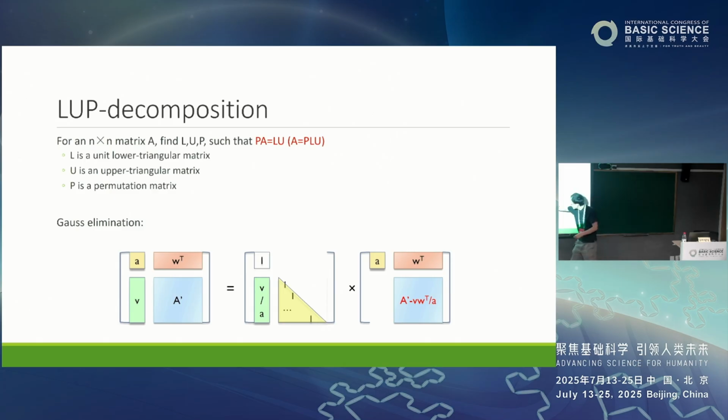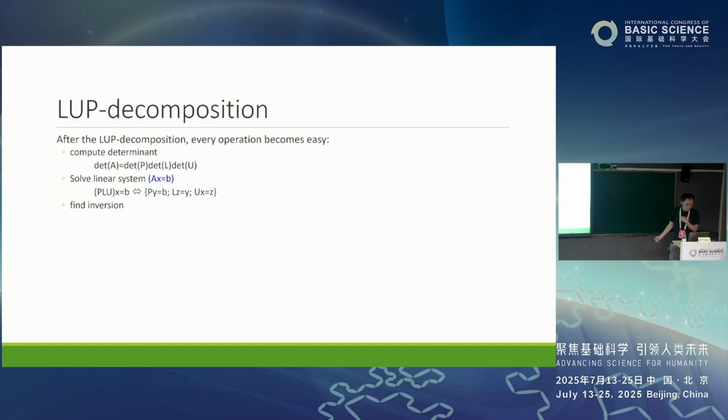That is, we want to write the matrix as the multiplication of a lower triangle matrix, an upper triangle matrix and a permutation matrix. In fact, it's just Gauss elimination: we want to make the elements here and here all 0, so it becomes an upper triangle matrix. After the LUP decomposition, computing the determinant, solving a linear system or finding inversions becomes easy.